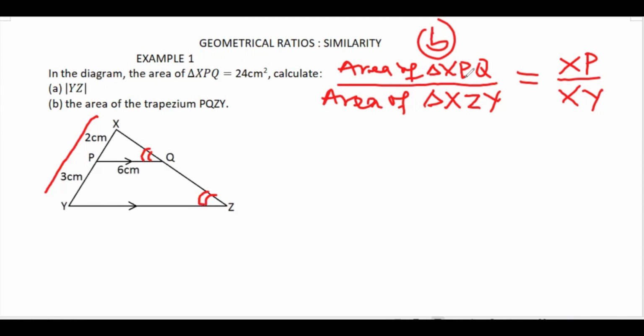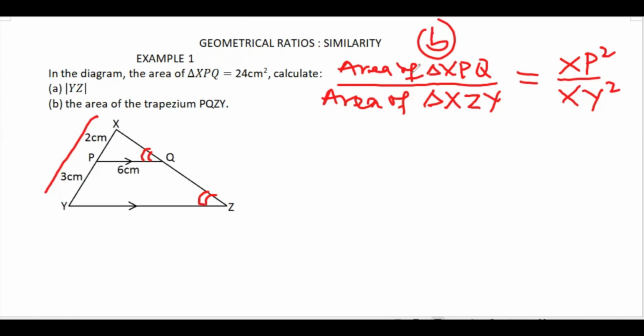Anytime you are taking ratio in similarity and you are comparing ratio of area, if you have ratio of side, to equate them, you must square each of them. If it is ratio of volume and you have ratio of side, for you to equate them, you must take the cube of each of them. So they are on the same unit now.